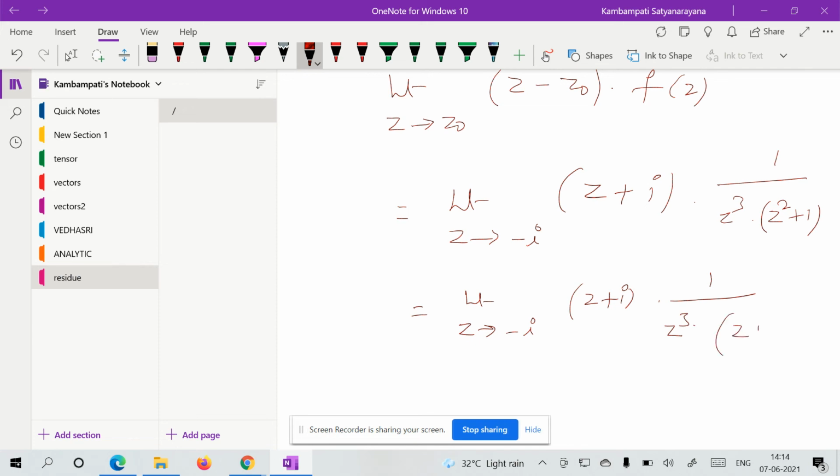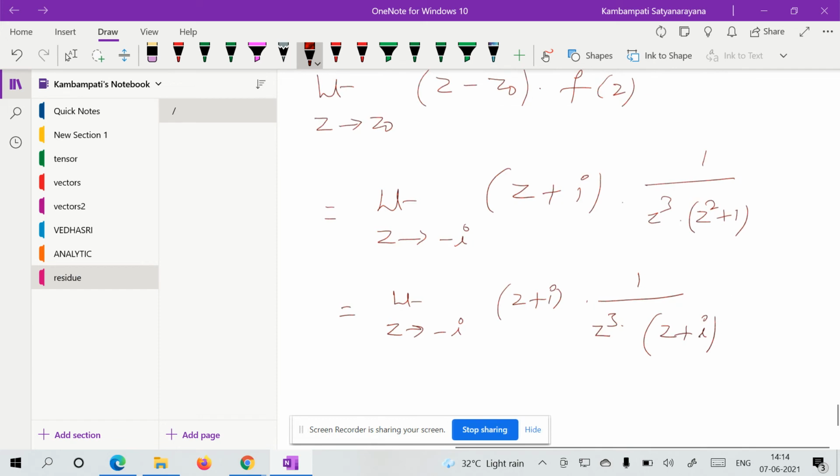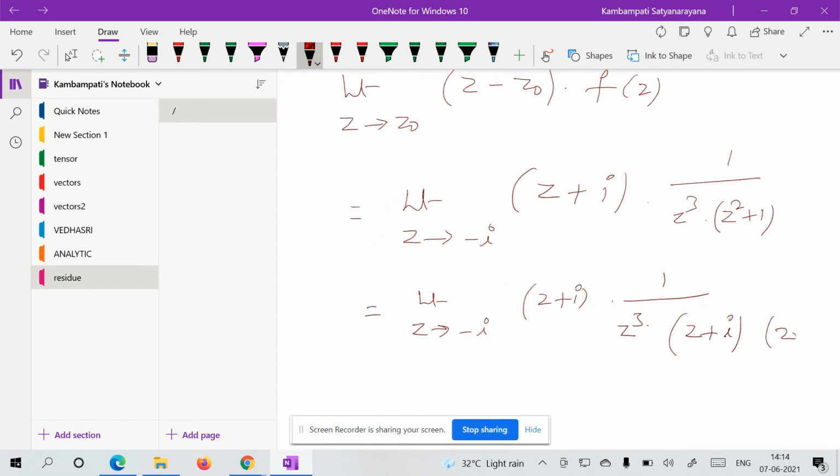We can write z square plus 1 as (z plus i) into (z minus i).